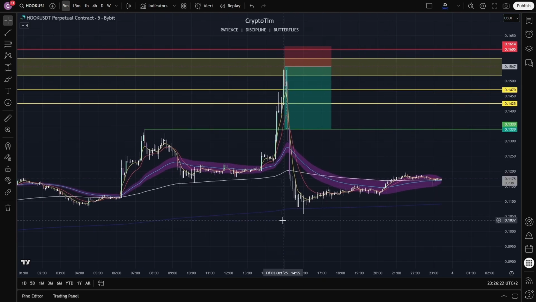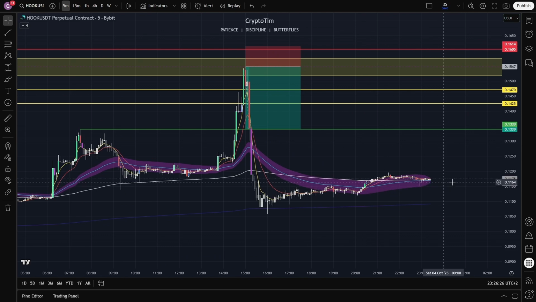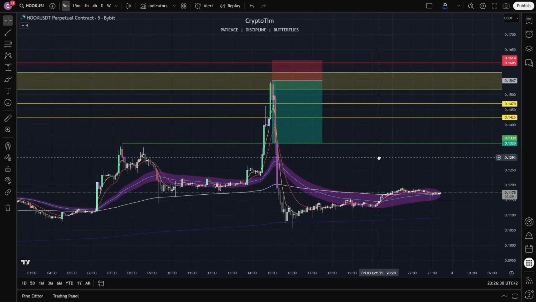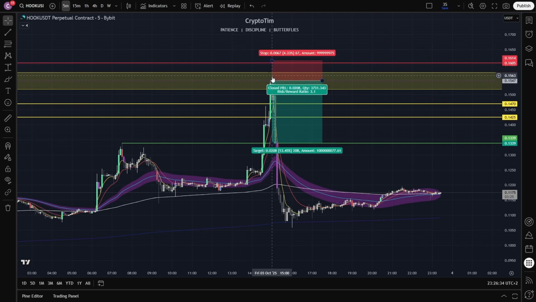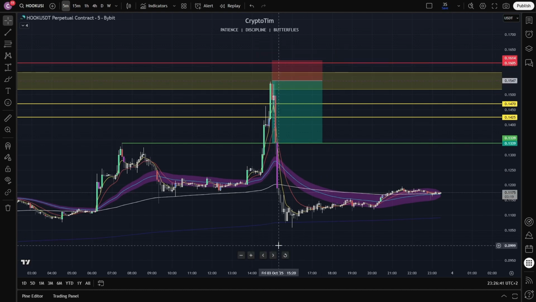You can see it did find some support here on this 800 EMA though, but from there it's just doing nothing at all anymore. But this is a great example of how we can try and trade manipulation. We see all vector candles, recovering more vector candles, and instantly a sharp reversal. So yeah, that's pretty much everything.